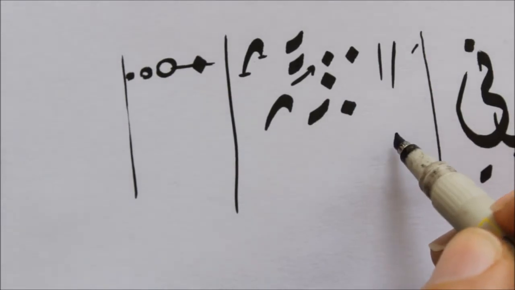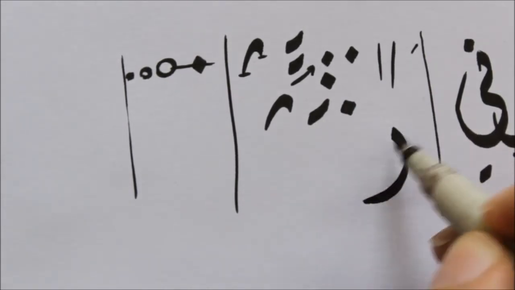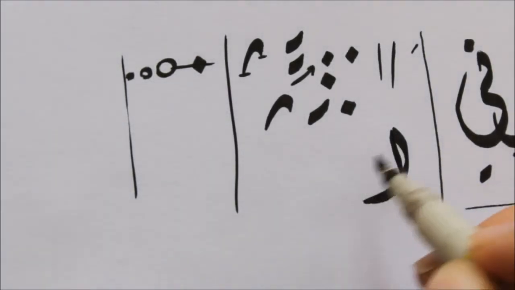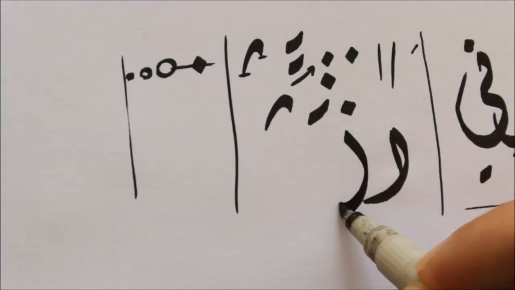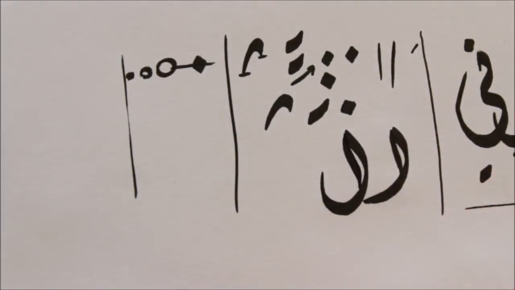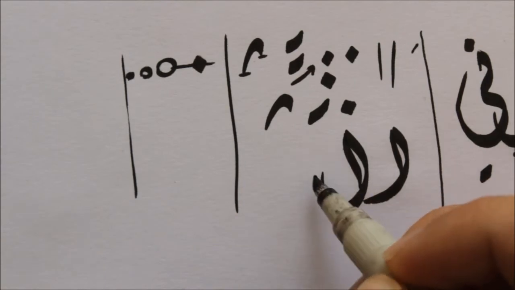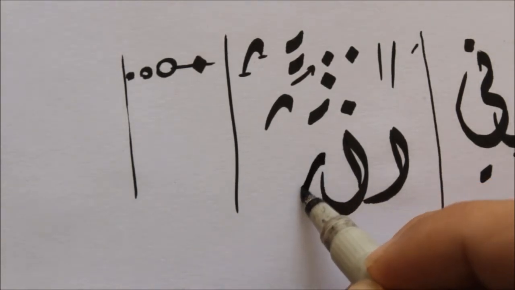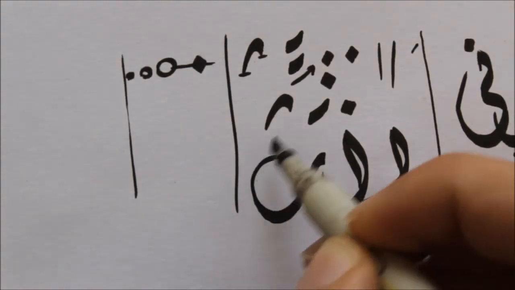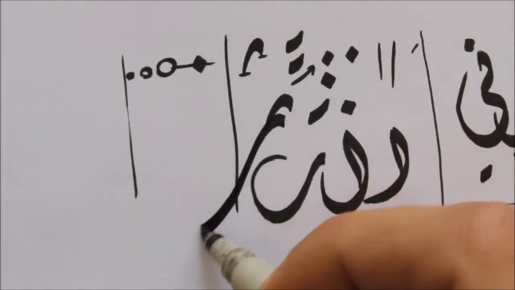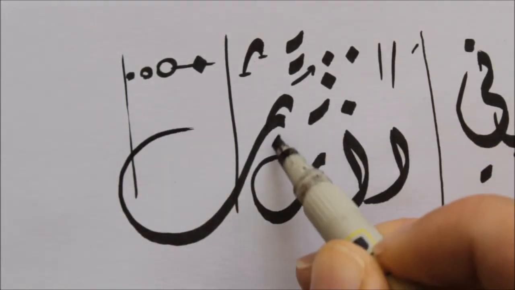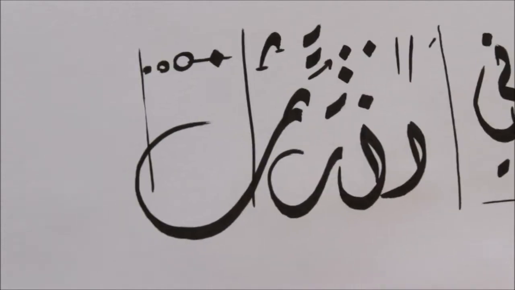We are going to look into the Alef and see both shapes of the Alef. Then we are going to look into the Ba with its 2 shapes. This one is quite big, as we can see here.